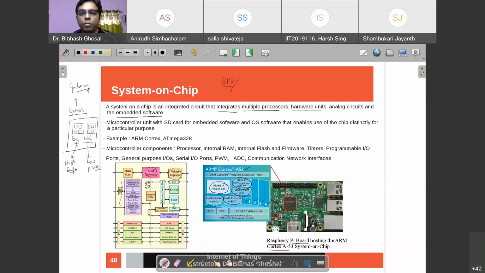This is the family of ARM chip. This company is the most widely used and the most popular company for designing embedded chips, so chips that are used for these kind of low power computation. Okay, as you see, Raspberry Pi is a board which makes use of this chip for computing purpose.